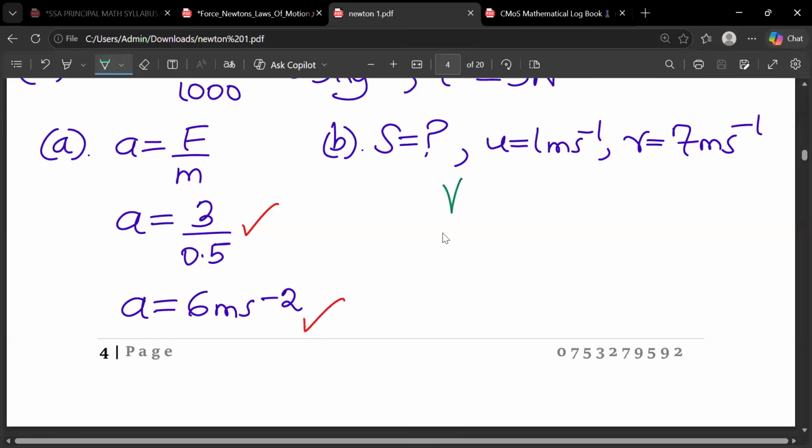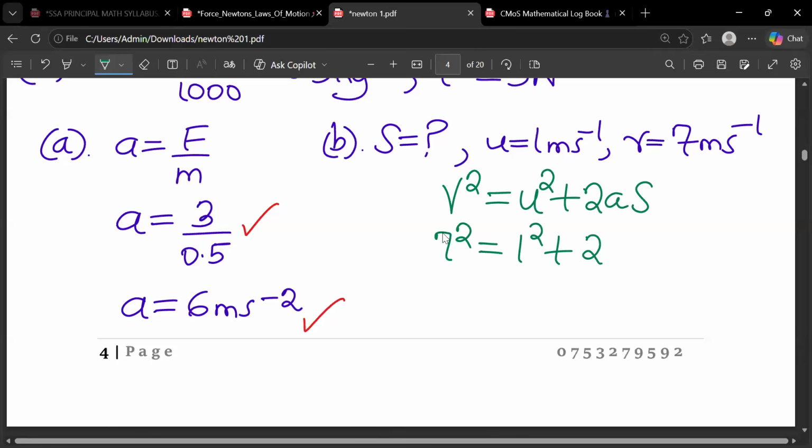So you just come and say, okay, this will be V squared, and this will be U squared, and of course this will be like that, okay? Then you come and substitute. This is 7 squared, this is 1 squared, this is 2, then we are multiplying it by 4, then we are multiplying it by the S, like that. You must write the S so well that it doesn't resemble 5.